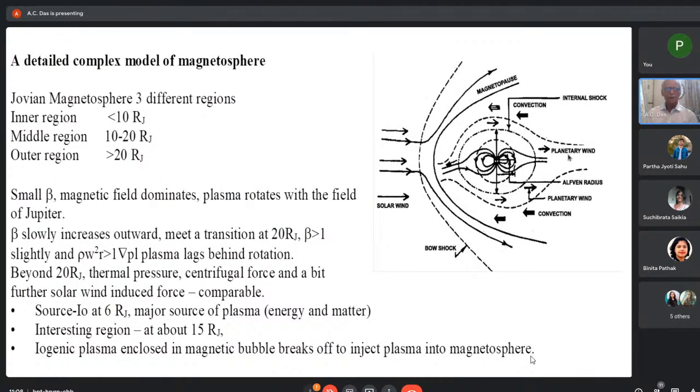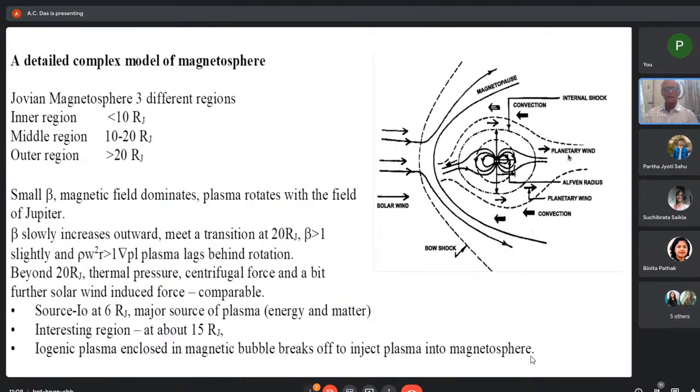But as you go to the other region, away from 10 RJ, that is the middle region, between 10 and 20 RJ, the beta is slowly going from the smaller value to a larger value and can even be greater than 1 after a certain distance. So if that happens, what happens?